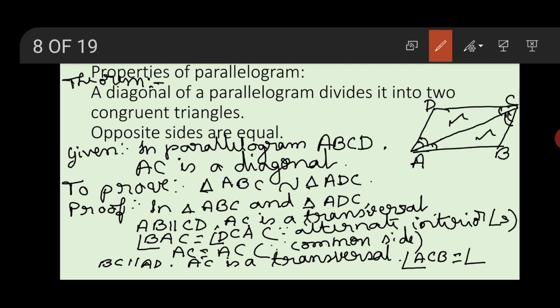Yes, correct, angle CAD, or angle DAC. Reason: alternate interior angles. Write down the reason: alternate interior angles. Right?